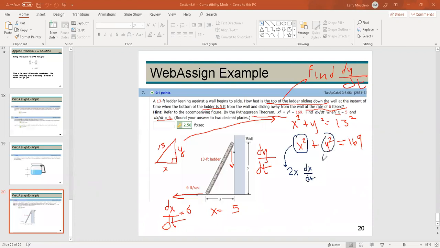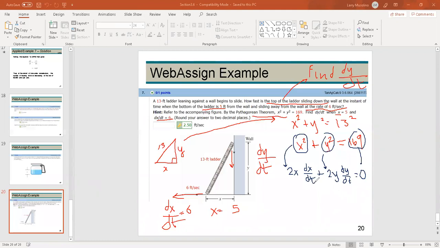The derivative of y squared is 2y dy dt. And what about the derivative on the right-hand side of 169? Well, the derivative of a constant is 0. All right, so I have 2x dx dt plus 2y dy dt equals 0.